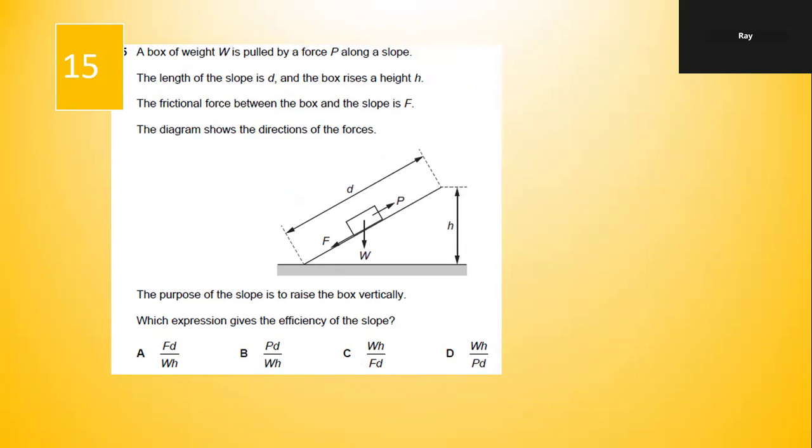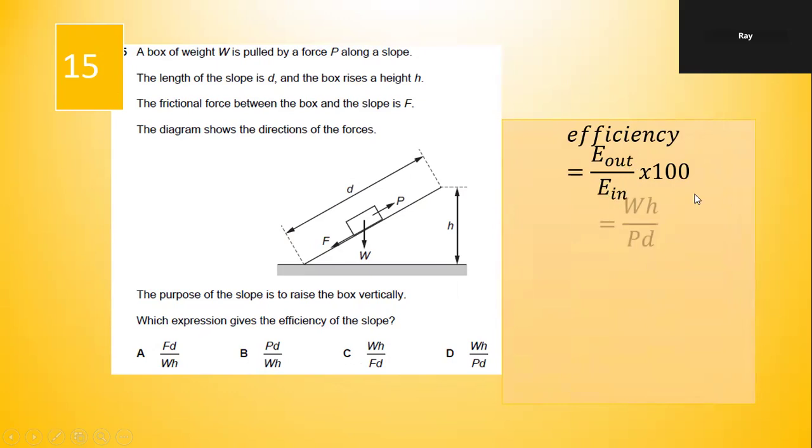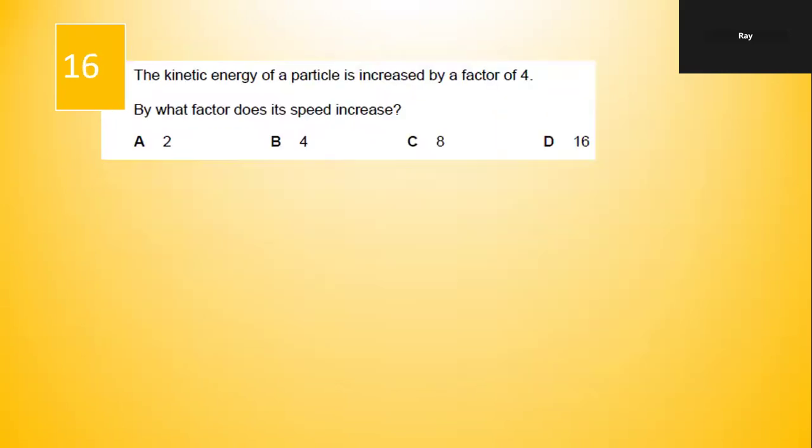How about this one? Efficiency of the slope. D. Efficiency is energy output over energy input times 100%. D, okay. Any comment or anything not clear? No. This is an old question now, came out years ago.